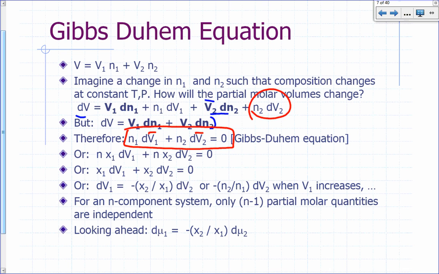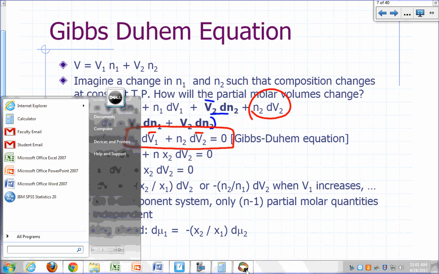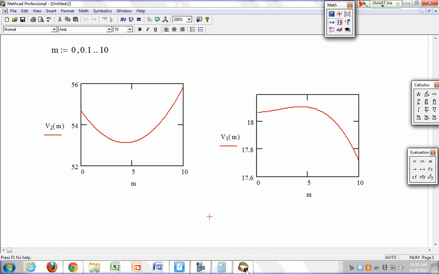This is called the Gibbs-Duhem equation. Basically what it's telling you is that in this two-component system, V1 bar and V2 bar are not actually independent of each other. As we've seen earlier in the math document, as V2 bar decreases, V1 bar increases, and as V2 bar increases, V1 bar decreases.